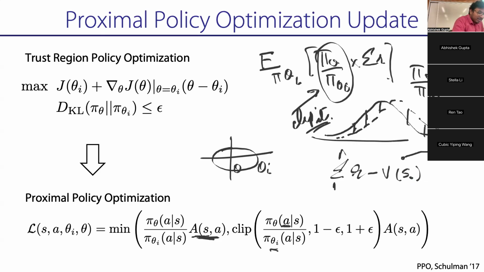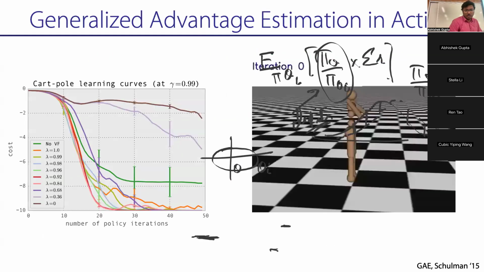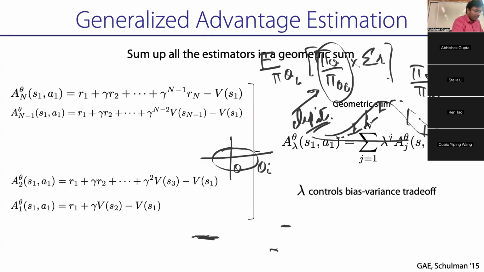So this is telling you how good was this trajectory. This is telling you how good was the average. And this thing is essentially going to be a function of both S and A, because it's going to tell you how much better is this action than the average action. Even if you look at my notation from earlier, advantage is always a function of both S and A.